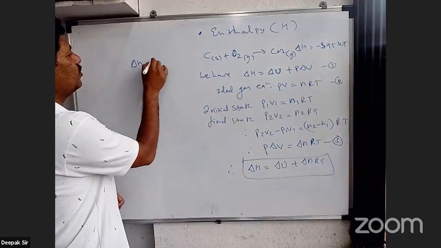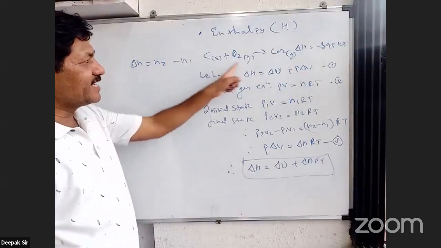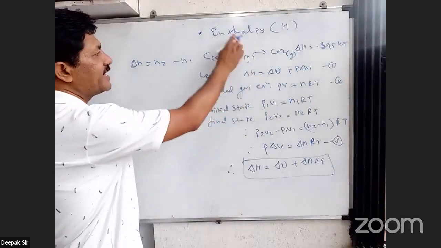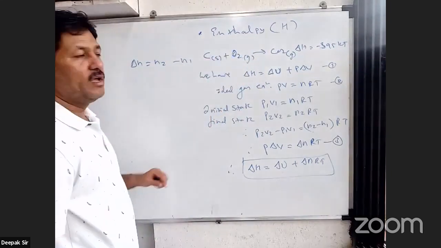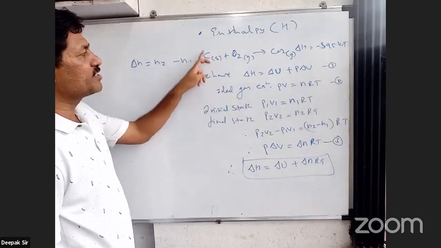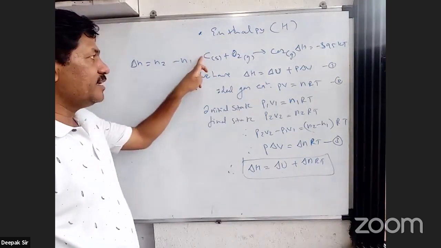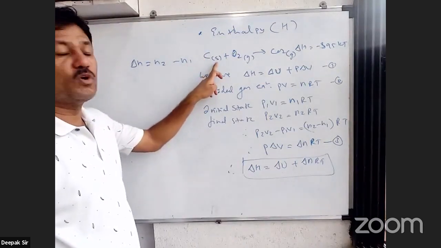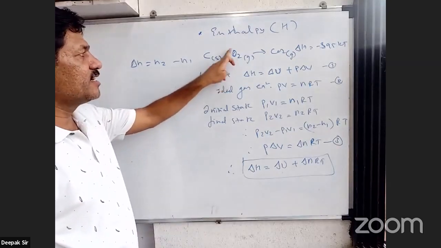Delta n is equal to n2 minus n1. अभी इस रिएक्शन में रिएक्टेंट की बात करते हैं तो ये दो हैं, कार्बन एंड ऑक्सीजन। बट कार्बन सॉलिड फेज में है, और नंबर ऑफ मोल्स क्या होते हैं, जो आगे का प्रीफिक्स होता है दैट रिप्रेजेंट्स नंबर ऑफ मोल्स। तो ये नंबर ऑफ मोल 1 है लेकिन सॉलिड फेज में, तो वो कंसीडर नहीं करना है while calculating the value. सो सिर्फ ऑक्सीजन का कंसीडर करेंगे as 1.